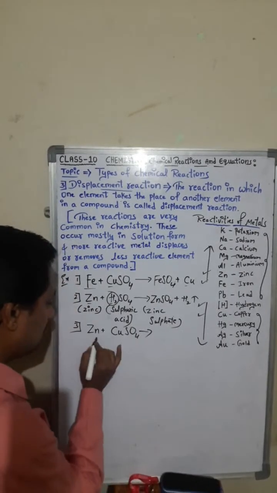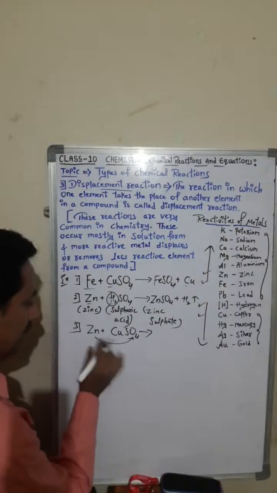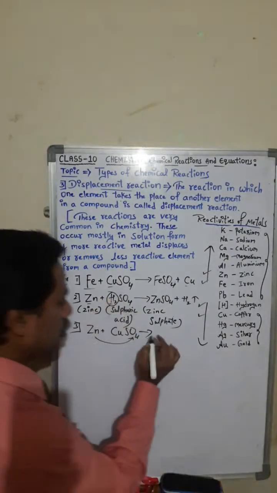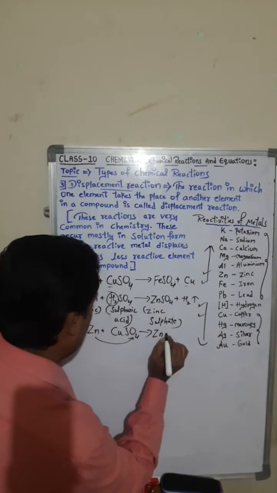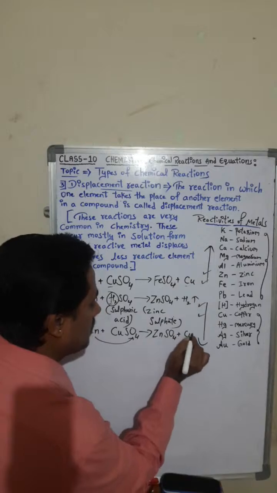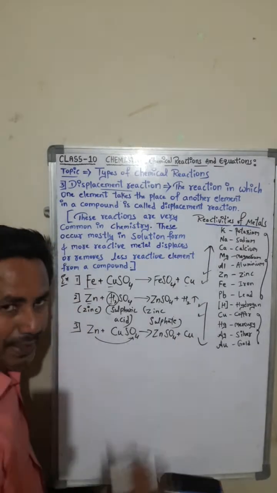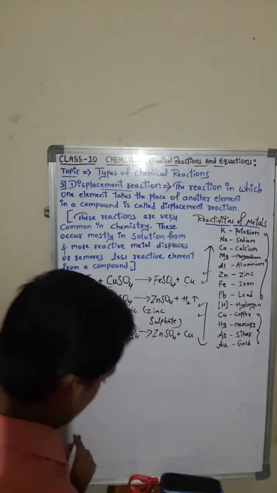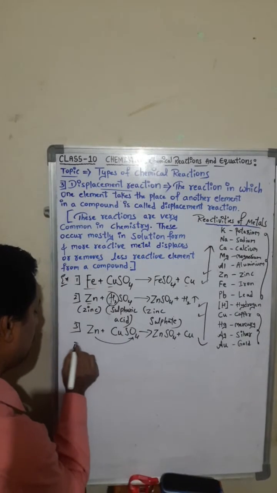So what happens? Zinc plus copper sulfate, CuSO4, copper sulfate. So ZnSO4 will form, students, zinc sulfate, plus copper will be separated. Clear? Easy? Yes.